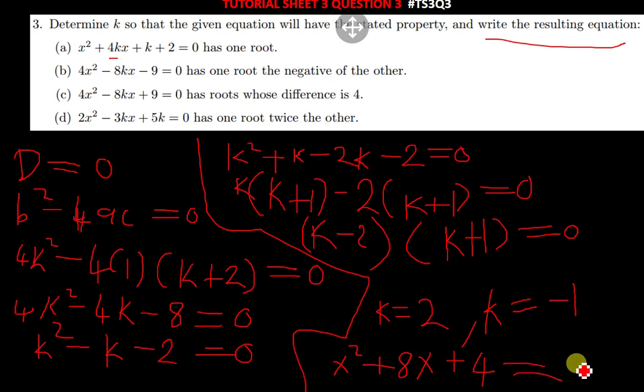So this is our first equation. For the next equation you put negative 1 where there is k and find the values. So we quickly move on to the next question, which is B.